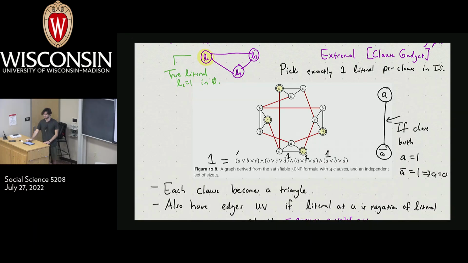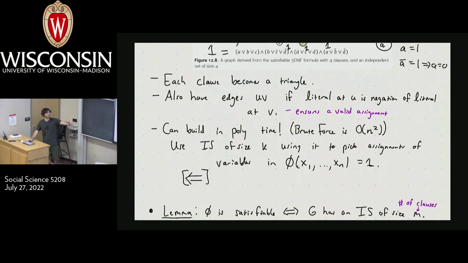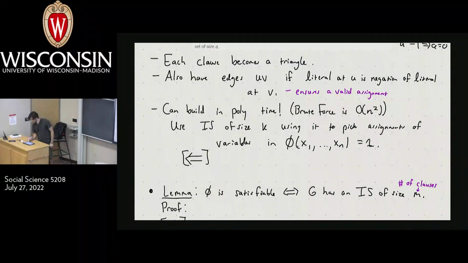What do we do there? We say true. Oh, that's it. Yep. So this will have an independent set of size m exactly when it's satisfiable. So our algorithm is just going to run the independent set black box algorithm and output the same output. If it says true, we say true. If it says false, we say false.